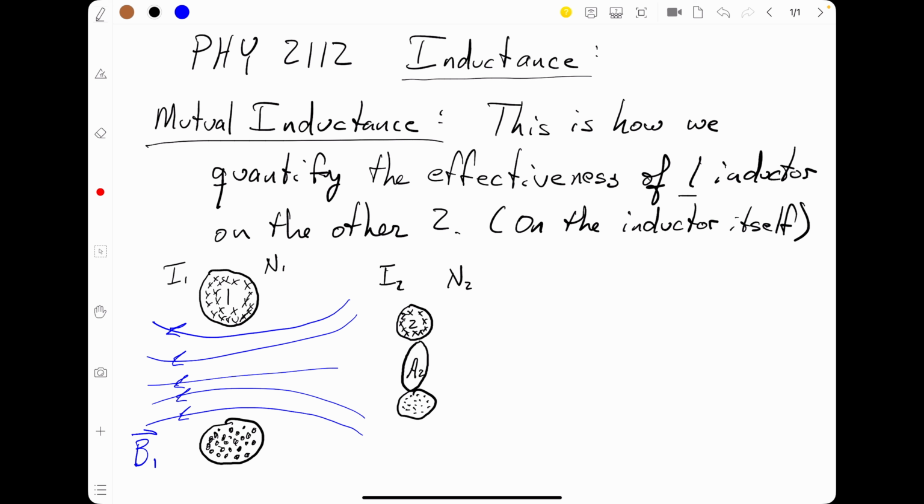So we're going to call this flux phi 1, 2. Okay, why? Because it is the flux of 1 onto 2. Okay, so it's the flux of B1 on area 2. Okay, so this is my nomenclature.